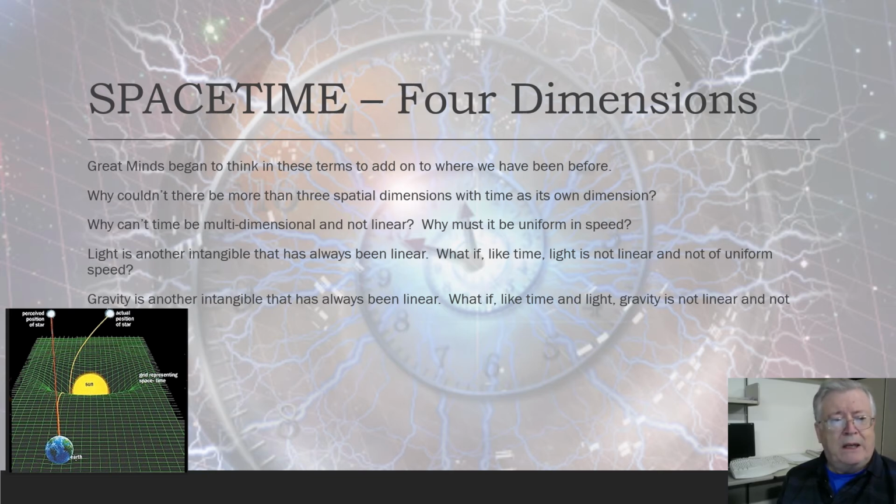So in addition to time and light, we could add gravity. So gravity is another intangible that we've always thought of as linear. We have our gravity equations. We know that as things get farther apart from each other, their influence of gravity becomes less.